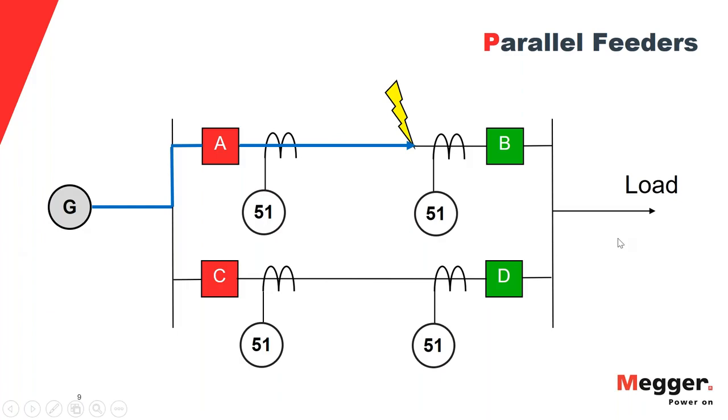If I use 67 in this scheme, I can get half the current that I'm supposed to feed to the load. So there are some special cases where the directional element proves its worth compared with the non-directional element.